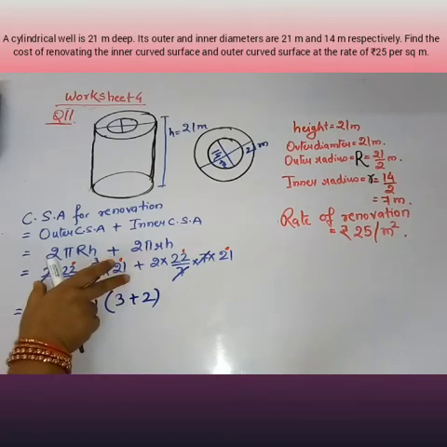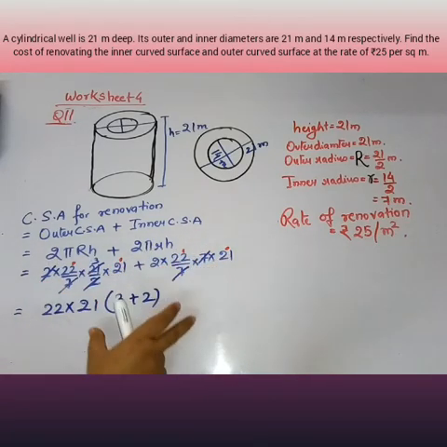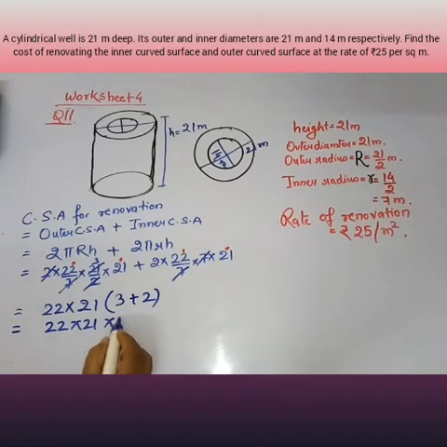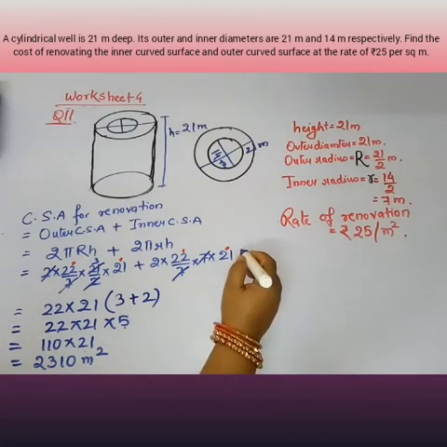You can multiply this part, solve it, multiply this part, solve it, and then add these two. You will also get the same answer. So this can be written as 22 into 21 into 5. That means this will be 110. I have multiplied this 22 and 5 into 21. So I'll get here 2310 meter square.